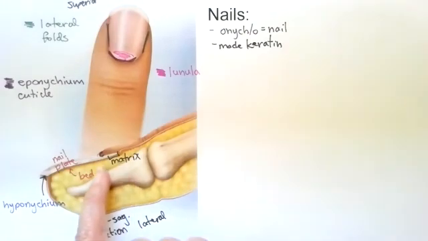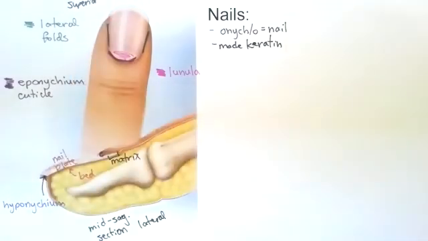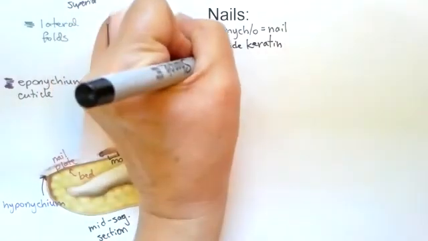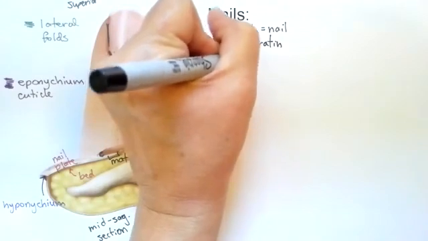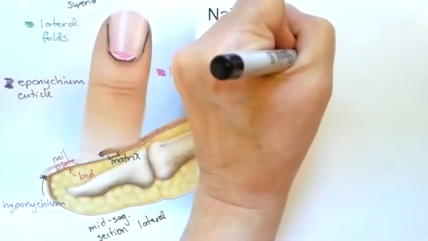We have growth from the matrix. It looks different here at the lunula because I believe it's thicker and then it thins out as it grows. But everything else that we knew about growth and keratin for epidermis and for hair is true here as well. Growth occurs, the matrix pushes the nail forward.